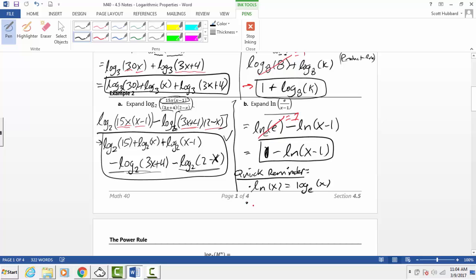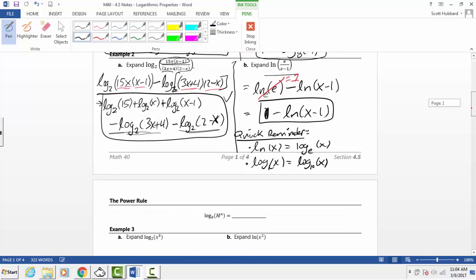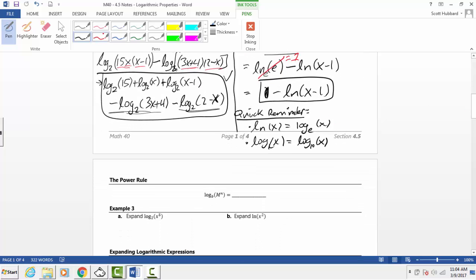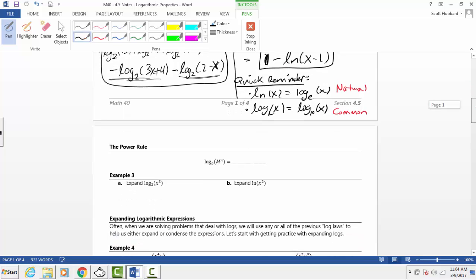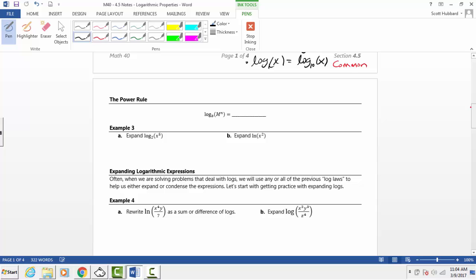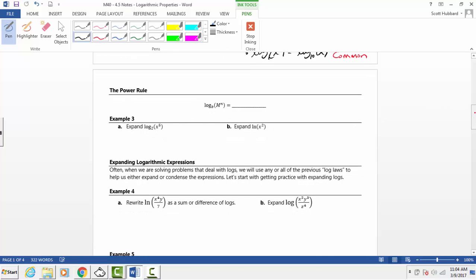And we also have one called the common log, which is log, just if it's not written, it's understood to be log base 10 of x. So this is called the natural log. This is called the common log. Okay, all right, so that's it for those rules.